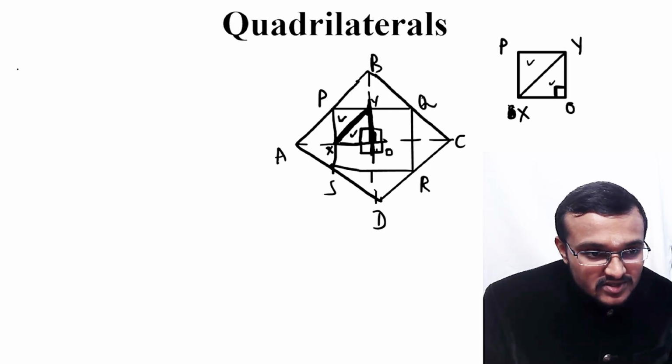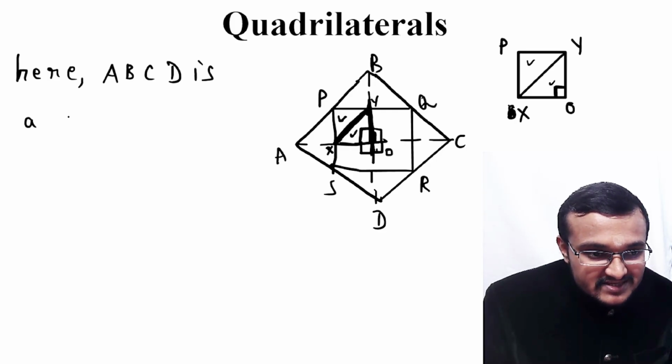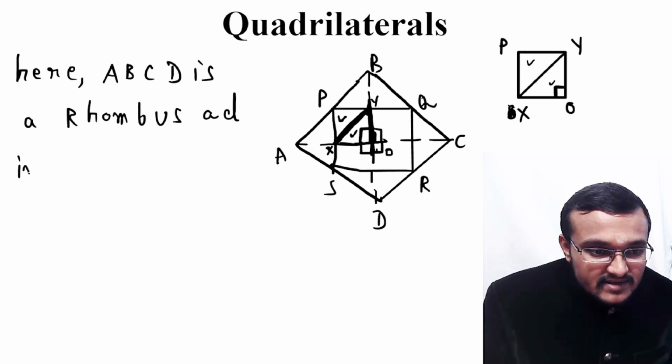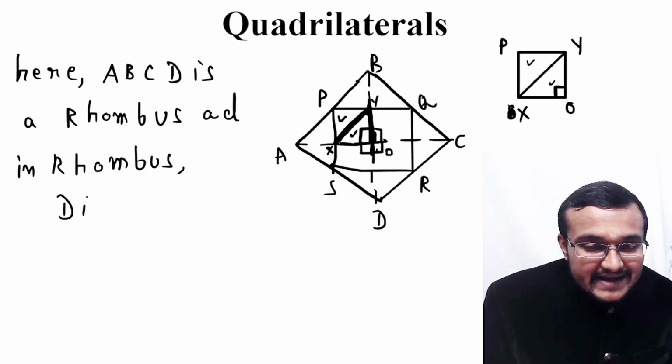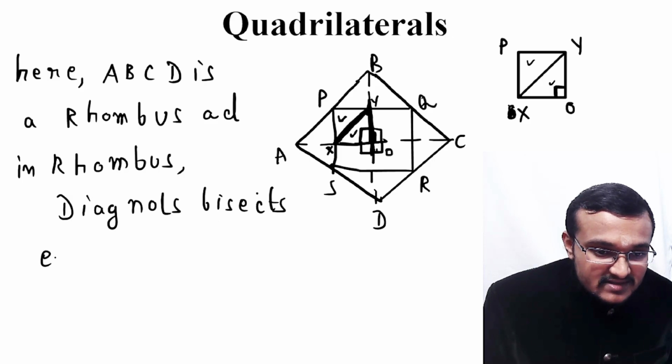So here ABCD is a rhombus, and in rhombus diagonals bisect each other perpendicularly.